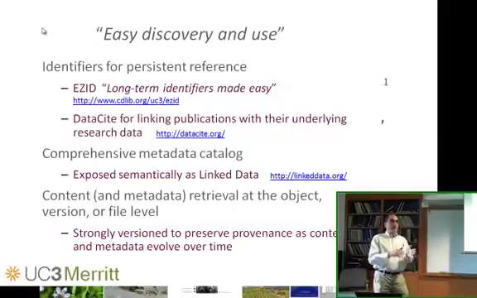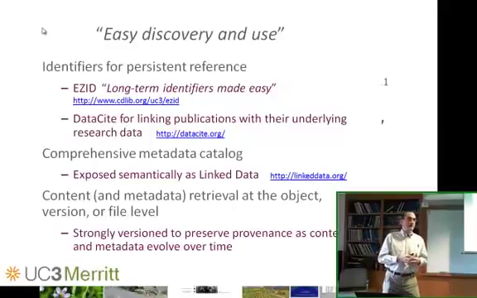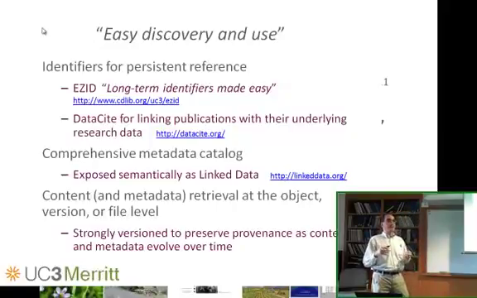And we maintain all of those versions over time so that we can track changes to content or metadata as that continues to evolve. A version itself can be made up of an arbitrary number of files that collectively represent the state of that object at a particular point in time.